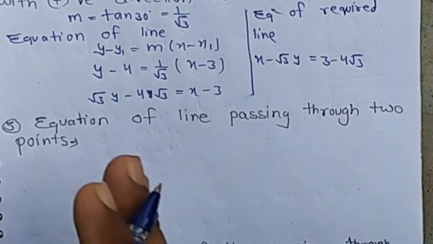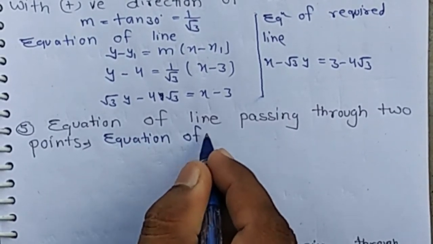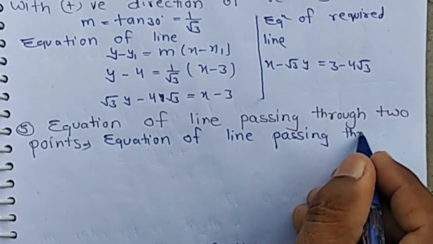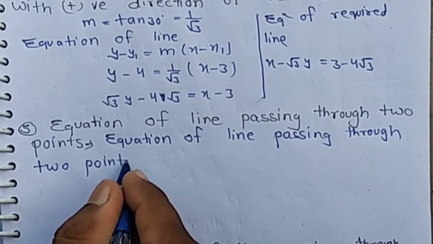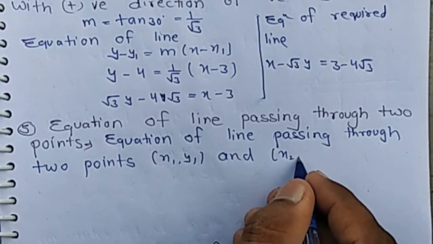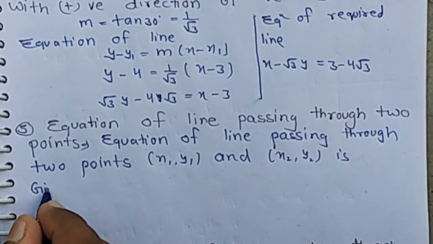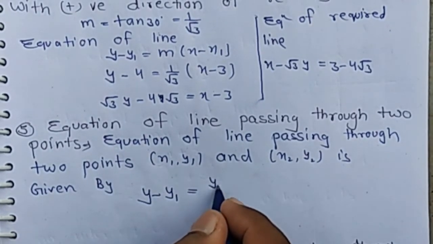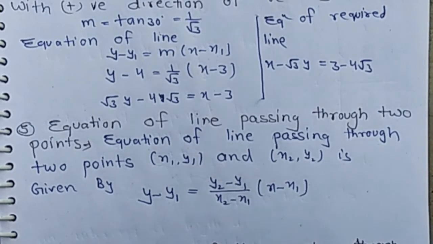Now, the equation of a line passing through 2 points x1 comma y1 and x2 comma y2 is given by the formula y minus y1 equal y2 minus y1 upon x2 minus x1 times x minus x1.